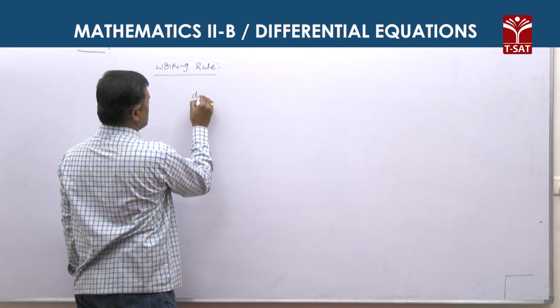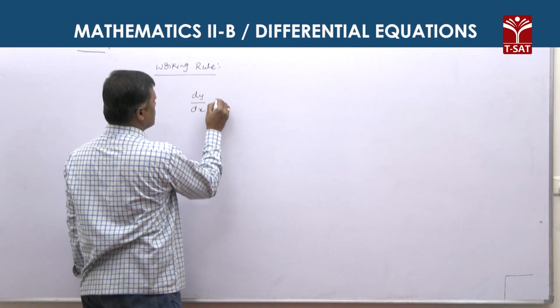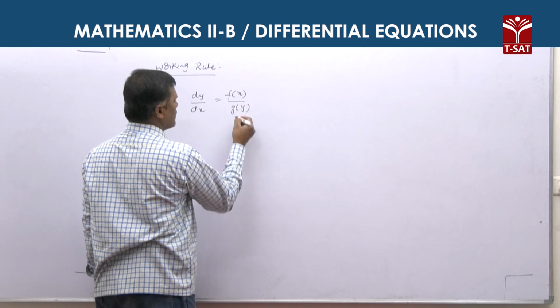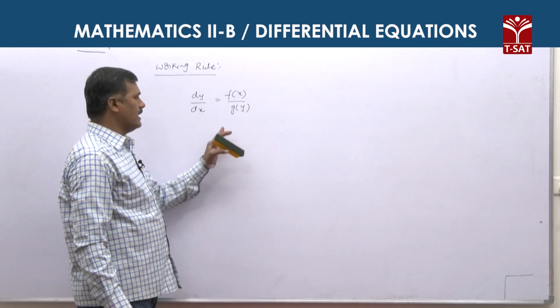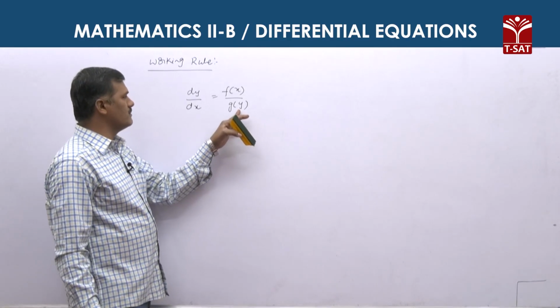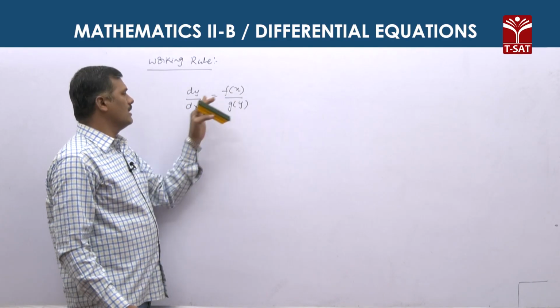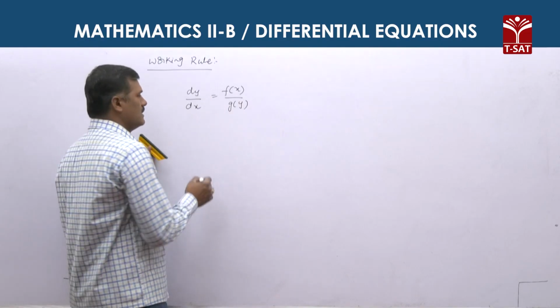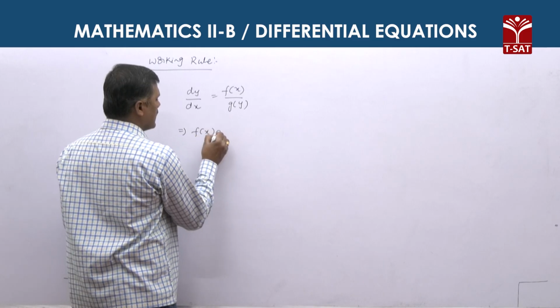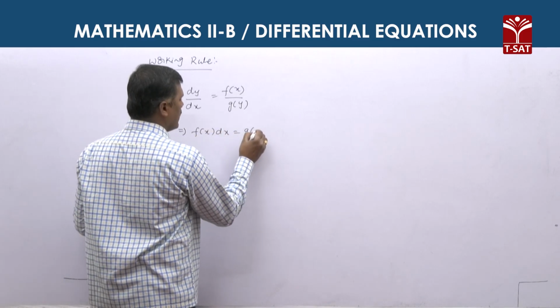If the given differential equation is dy by dx equals f of x by g of y, where g of y contains the y terms, we write these terms alone with dy and f of x alone with dx. That implies f of x into dx is equal to g of y into dy.